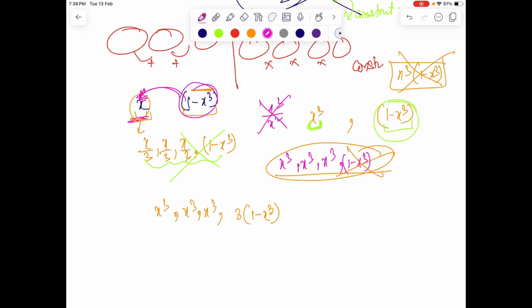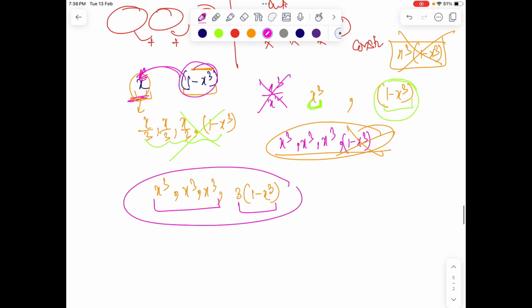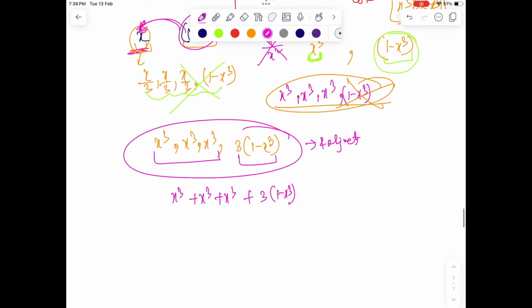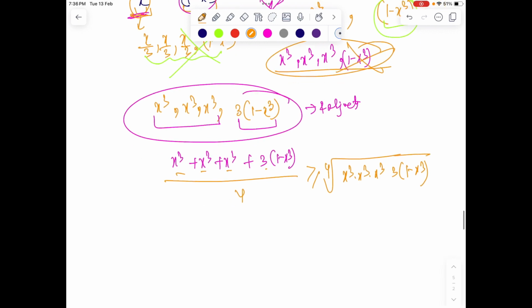But now we have at least some hint, because if I take 3 copies of x cube and just 1 copy of 3 into (1 minus x) cube, they will add to 3x cube and I want 3x cube to be killed. So in total I have 4 objects, such that let's apply AM-GM on x cube, x cube, x cube, and 3 into (1 minus x) cube. So the sum divided by 4 is greater than or equal to the 4th root of the product.